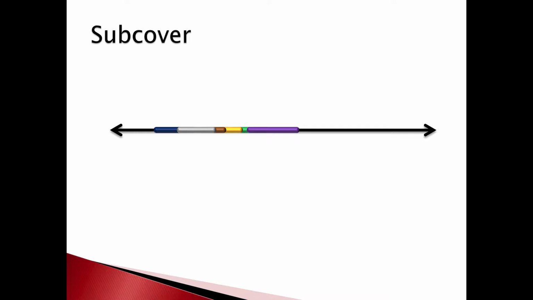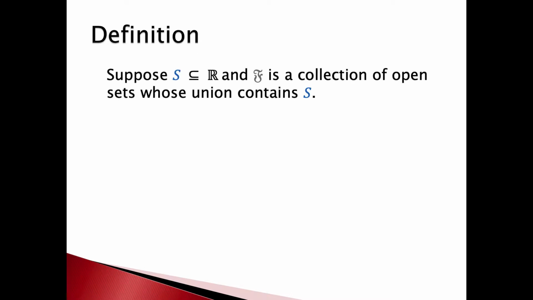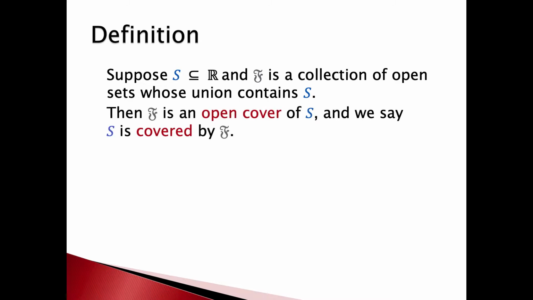Make sense? Okay. All right, so let's go back to the definition again, and I think that will make much more sense this time. So suppose you have a light blue set S, and scripty F is a collection of open sets that cover S. Okay, well, it will be an open cover of S if S is contained in the union, just like we saw in the picture a few minutes ago.